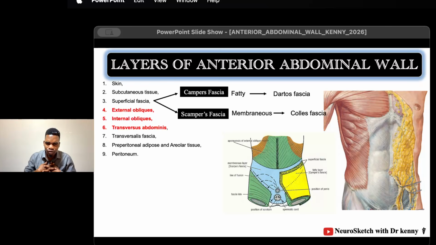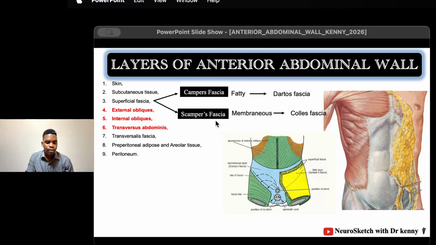Why does it lose fat? Because in the scrotum we don't need insulation. You don't need high temperature in the scrotum. In fact, the scrotum is 2 degrees Celsius lower than body temperature to make sure spermatogenesis continues in a smooth way.